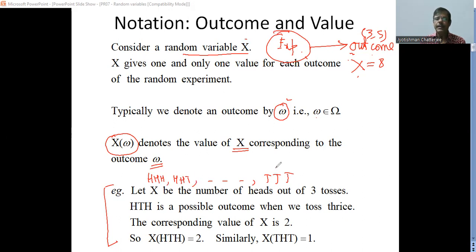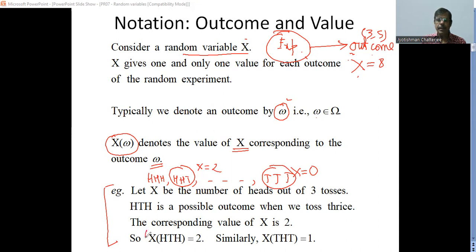So if this is the outcome, what's the value of X? Then X equal to 0. If this is the outcome, then what's the value of X? Value of X equal to 2.